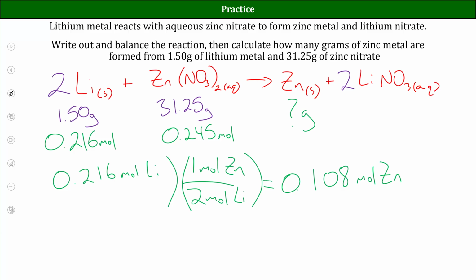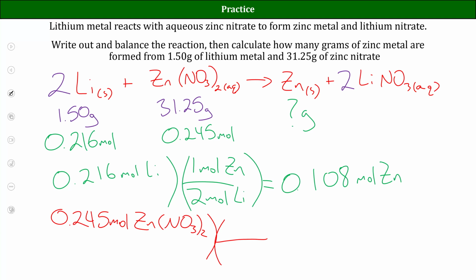So 0.108 moles of zinc. And if I do the same thing with the zinc nitrate, it's going to be 1 to 1. 1 mole of zinc nitrate is 1 mole of zinc product.